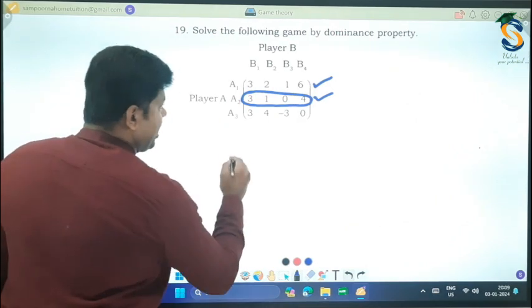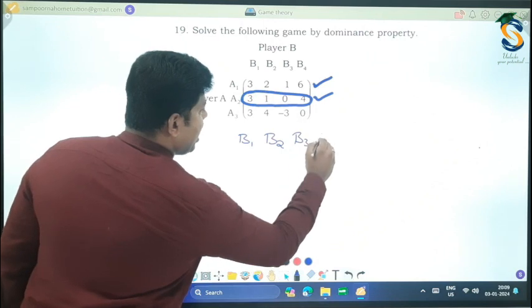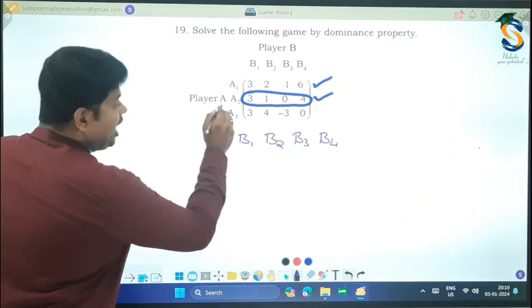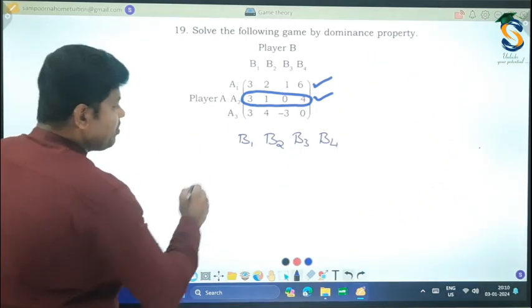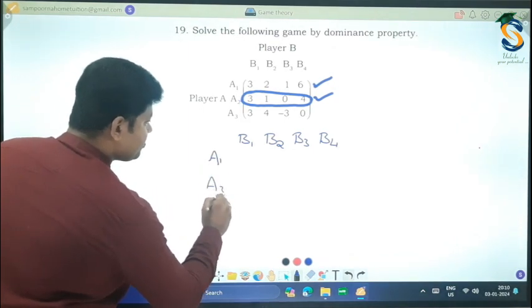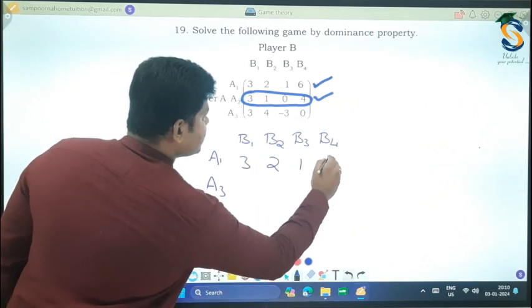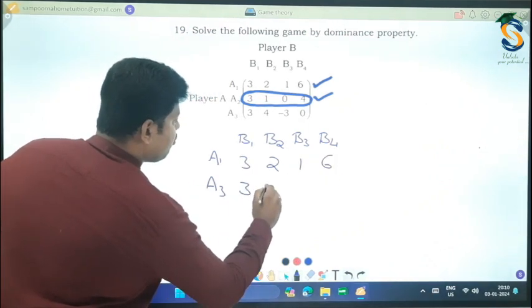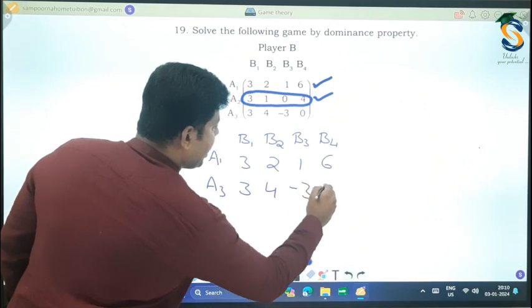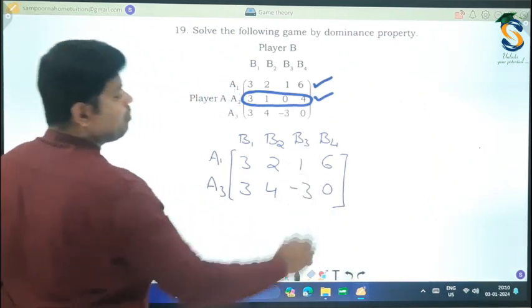So I am writing B1, B2, B3 and B4. The remaining rows are A1 and A3: 3, 2, 1, 6, and 3, 4, minus 3 and 0. This is the remaining payoff matrix.